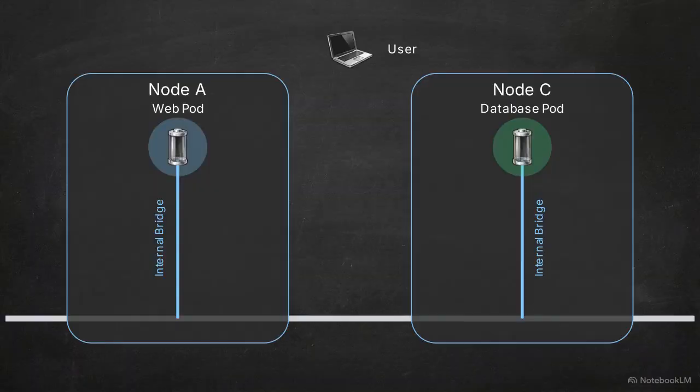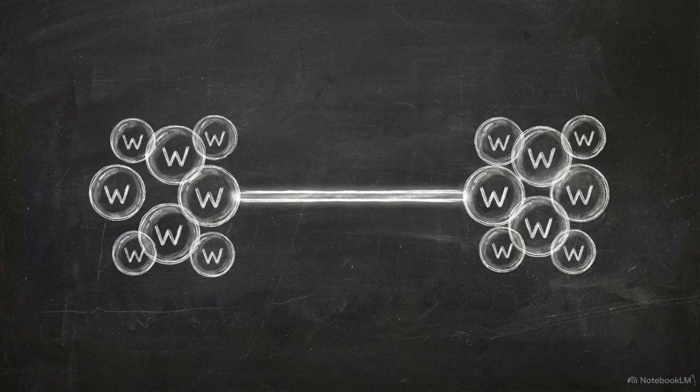The receiving node's kernel reads the true destination IP, pushes the packet across its internal bridge, and delivers it cleanly to the database pod. The database processes the SQL query, constructs the result, and sends it back. The return packet goes through the exact same encapsulation tunnel, arriving back at the web pod to generate the HTML response for the user. End-to-end container communication relies entirely on symmetrical encapsulation and decapsulation to maintain the illusion of a flat network.